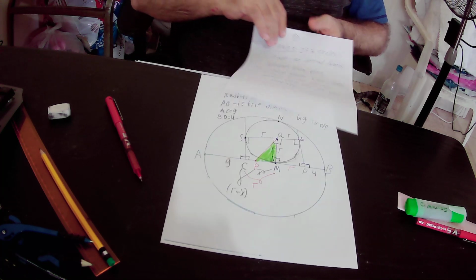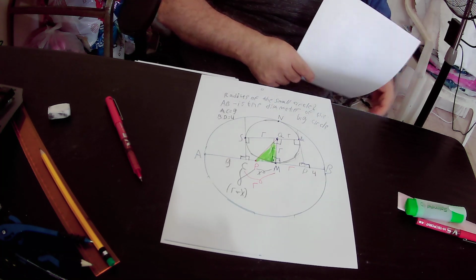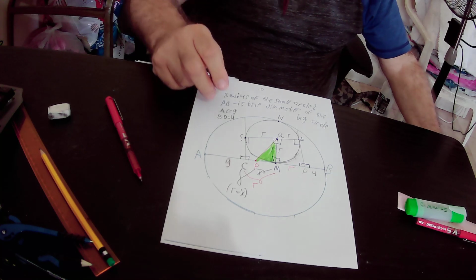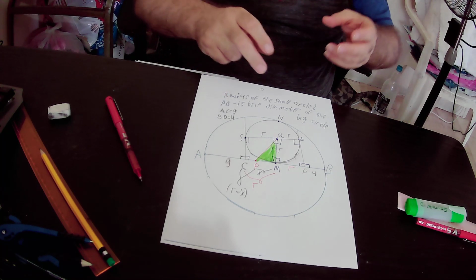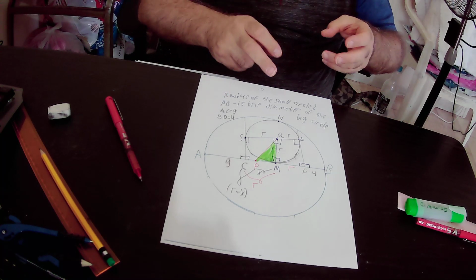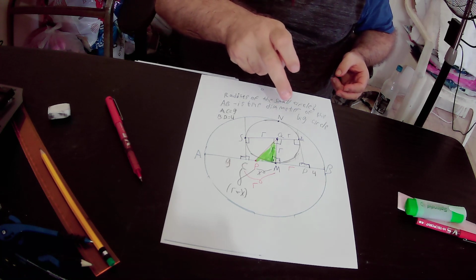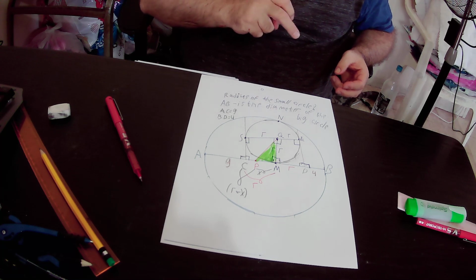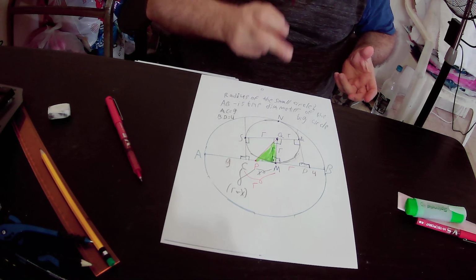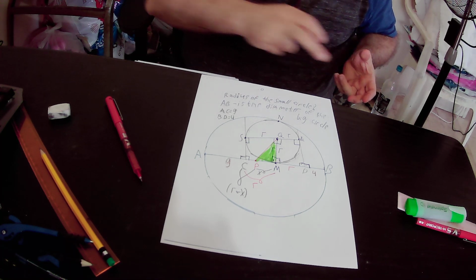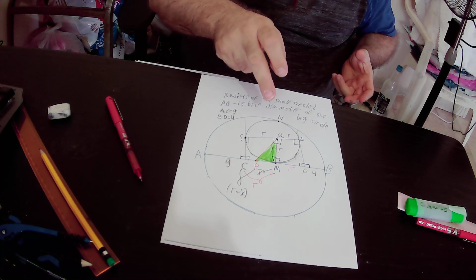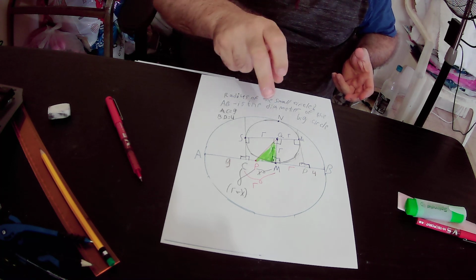Okay, so we can implement rule number 5 in our two circles, because here we have two circles that have internal tangency between them at point N. They are touching each other at point N. So we can implement rule number 5 in those two circles.